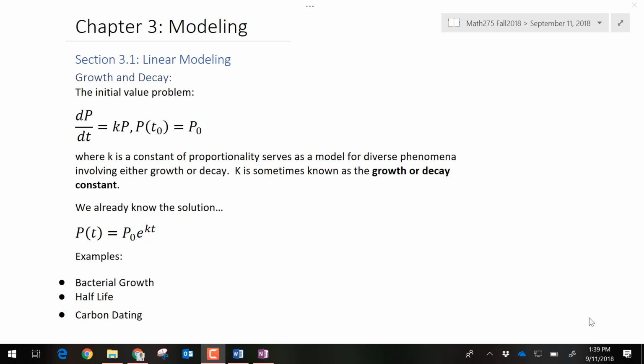Somewhere in the middle of chapter 1, they decided to include modeling, where you set up the differential equation. But since in chapter 1 we didn't know how to solve for these differential equations yet, they just set them up and said that's all we're going to do with them.